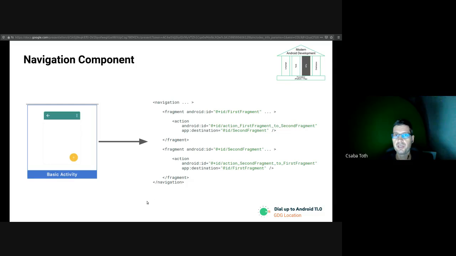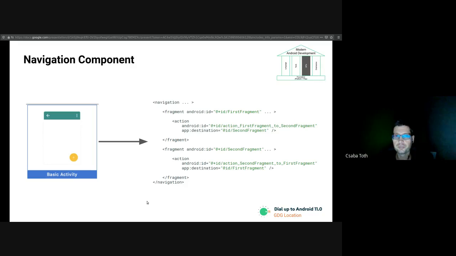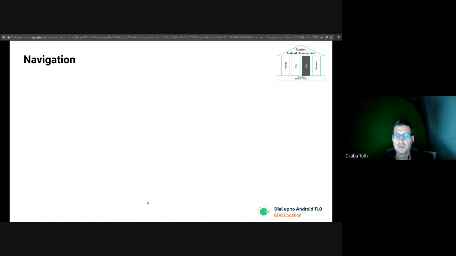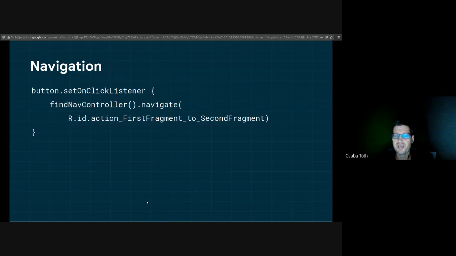Here is the underlying code, the XML declaration for this navigation graph. Now the code to navigate to the destination, including swapping fragments out and doing the right thing with the backstack, is trivial. That's the code. I guess in the past, if you have done that, it required more. So this is really neat.